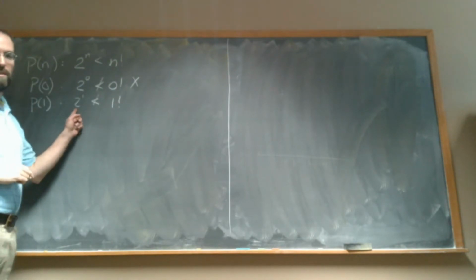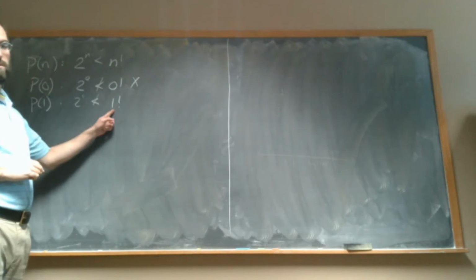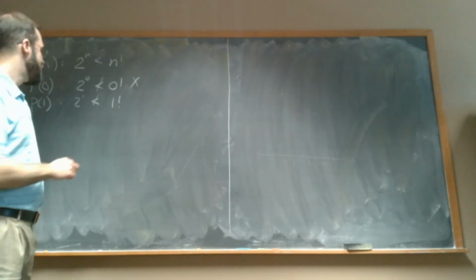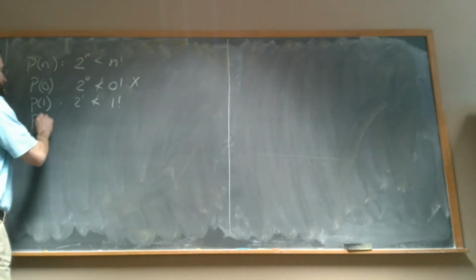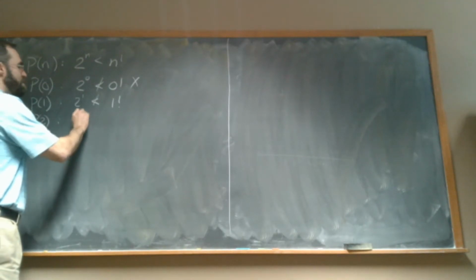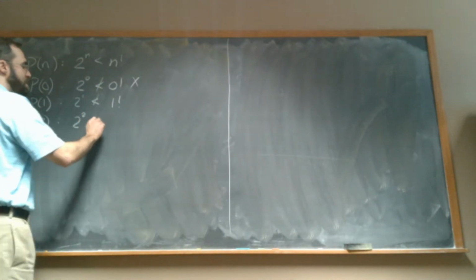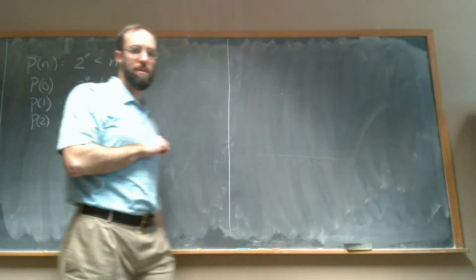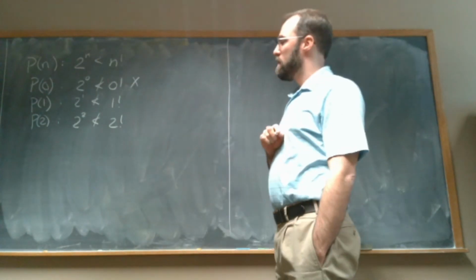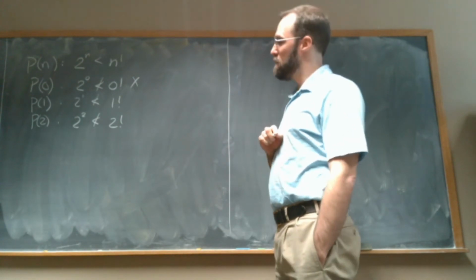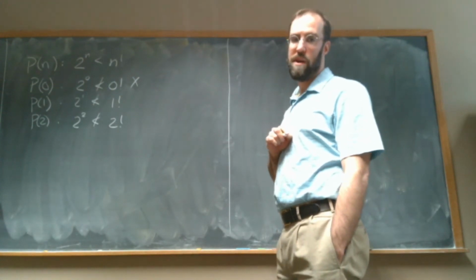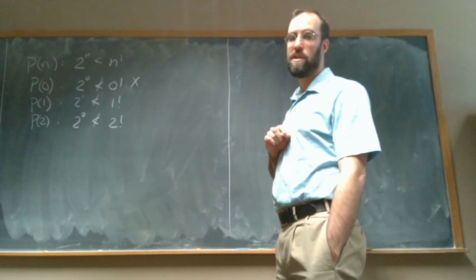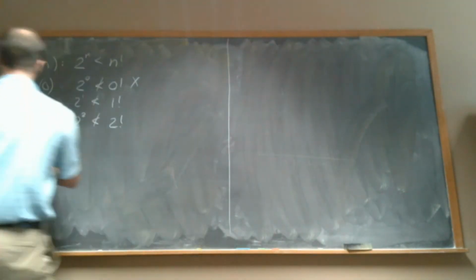This is 2, and 1 factorial is 1, so 2 is not less than 1. So P of 2 is not true. Again, 4 is not less than 2. P of 3 is also false, because 2 cubed is 8, but 3 factorial, 1 times 2 times 3, is only 6.